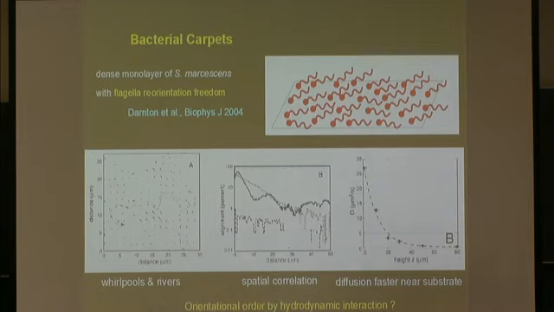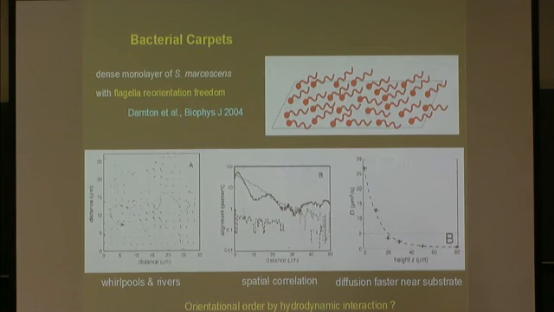You can see that the diffusion is much enhanced near the substrate. Without the flagella activity, this diffusion constant should vanish at the surface because of the no-slip boundary condition. But in this case, it's the opposite. So they proposed that this bacterial carpet can be used as a new kind of microfluidic device for efficient transport of fluid in microchannels.